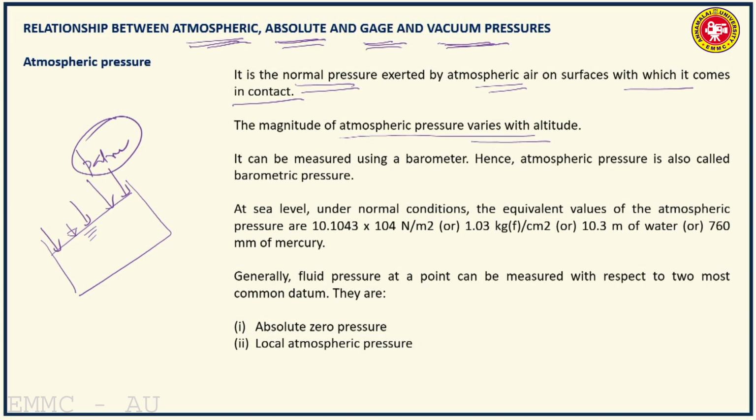So, how is it measured? Atmospheric pressure can be measured using a barometer. That is why atmospheric pressure is also called barometric pressure.